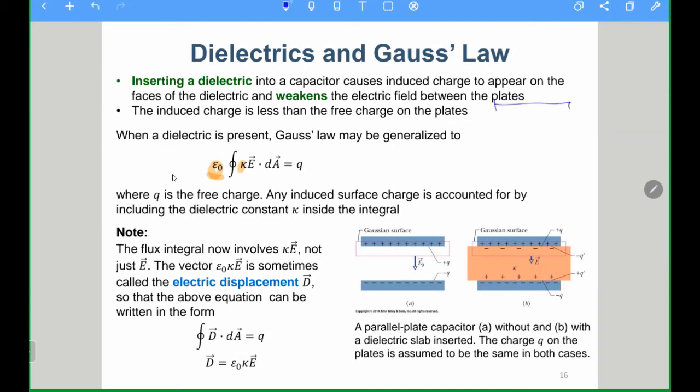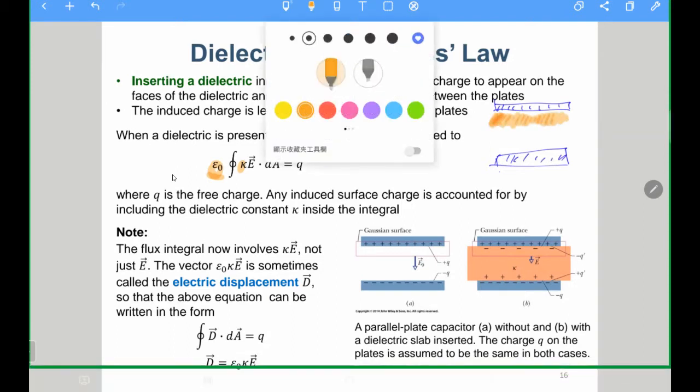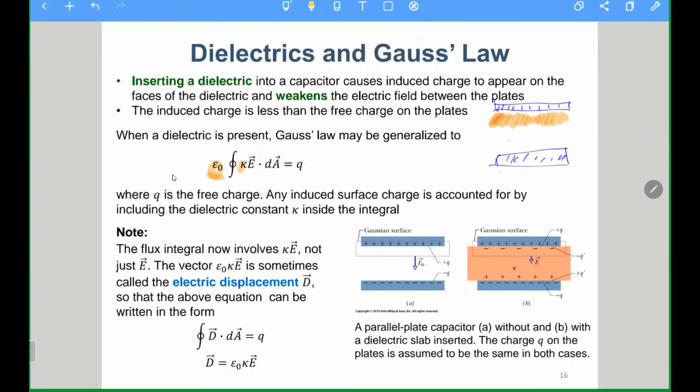For example, if we have the top plate and also the bottom plate, then maybe we put one dielectric here, and then we put another dielectric here. It emphasizes that for different parts you should use different kappa.